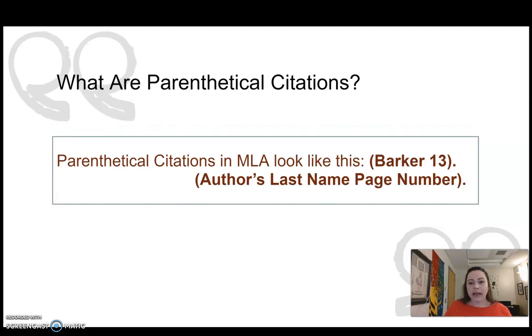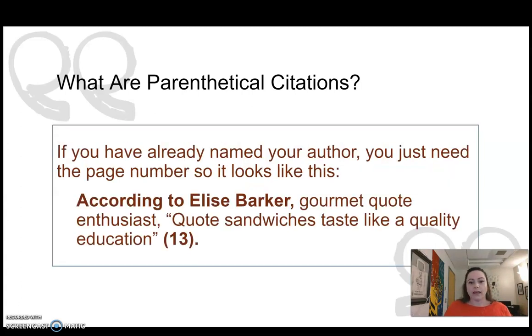So in MLA, a parenthetical citation would look like last name, page number, both within the parentheses followed by a period. If you've already named your author, you just need to include the page number so it looks like this, according to Elise Barker, blah, blah, blah, with our parenthetical number at the end followed by a period.